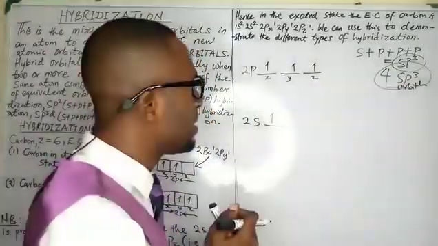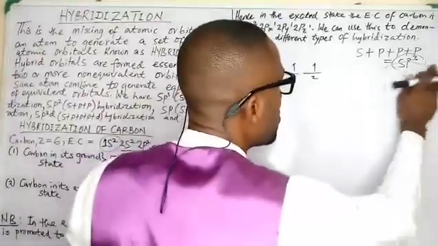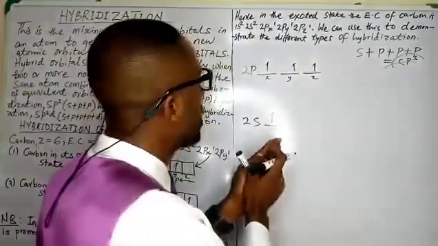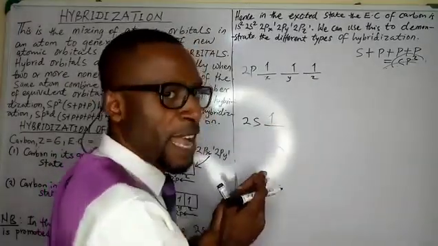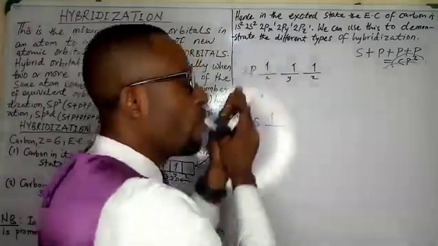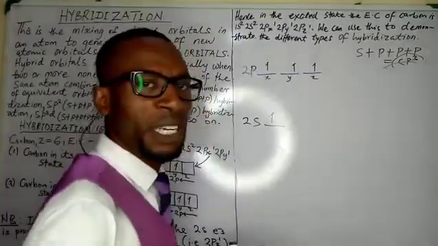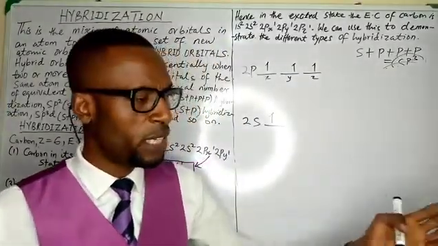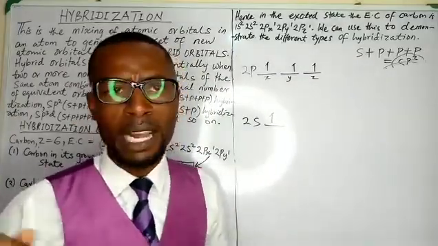The question is, the four new sp3 orbitals we are going to make, where are they going to lie in the energy level diagram? Are they going to lean towards the p orbitals or the s orbitals? Just like in biotechnology, where we do crossbreeding of animals. You bring this species of dog and that species of dog.